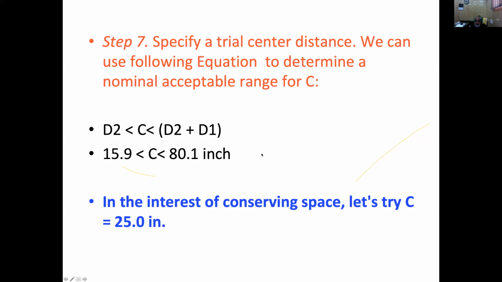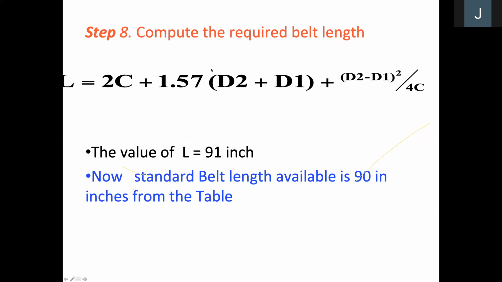Now we are through with the other design parameter, that is central distance. Now I have to compute the length of the belt, because you now know C, D1 and D2, and you can find the length of the belt. If you substitute the values of C, D2 and D1 in this equation, you get the length of belt equal to 91 inch.